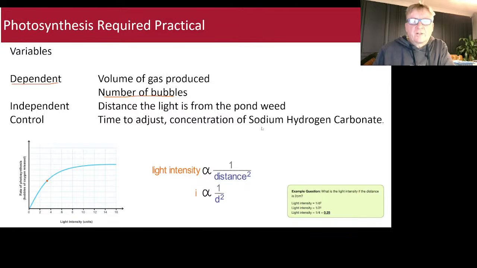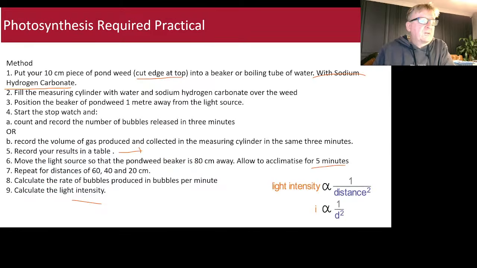Control, I'm just going to go back to the method. Let's have a look. Control is the 10 centimeter piece of pondweed. You're going to use the same concentration of sodium hydrogen carbonate. You're going to count and record the bubbles for 3 minutes. What I'm doing here is literally scanning for numbers.